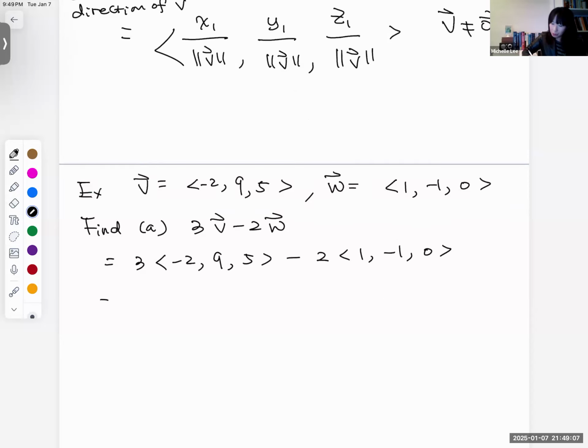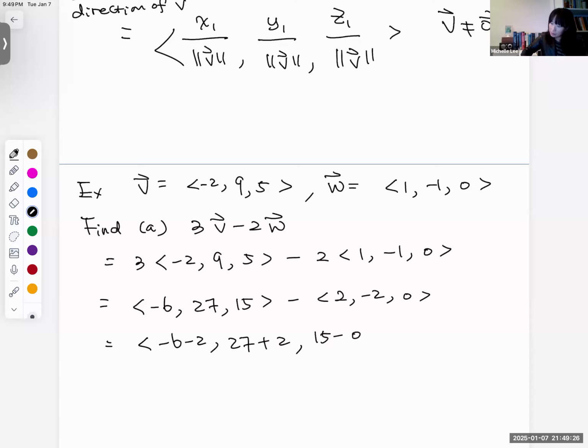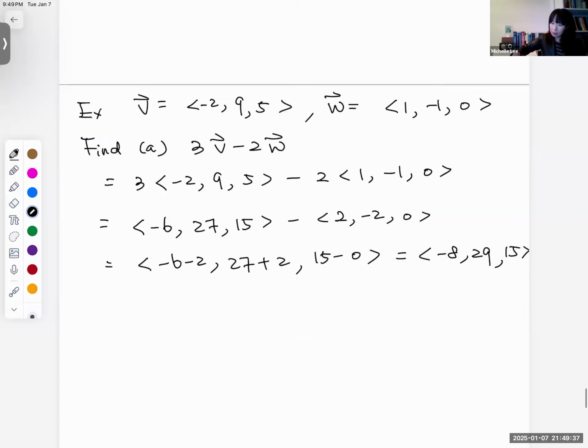So we distribute, and we get -6, 27, 15. Then distribute the negative 2 to w. That is negative 6 minus 2, 27 plus 2, 15 plus 0, right? So we get negative 8, 29, 15. Make sense?